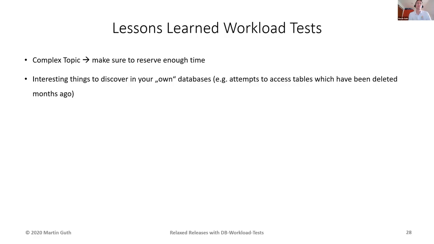If something is odd, and there are interesting things, we like to access tables which have been deleted months ago, and then you go into the replay and say, what? That's something which typically doesn't surface in a normal prod system because it's user error and nothing cares about it. But here you can see that very quickly and have a nice feedback loop.